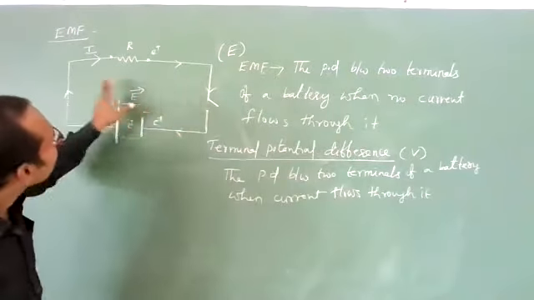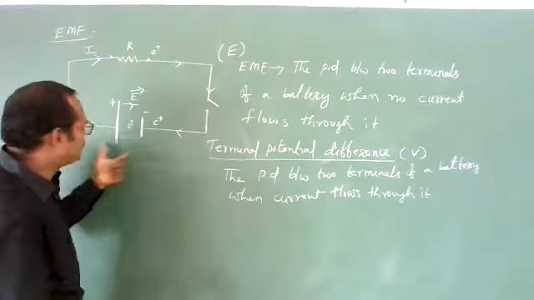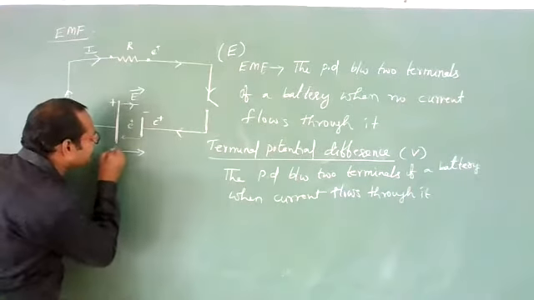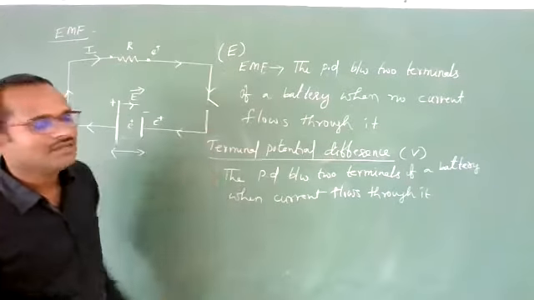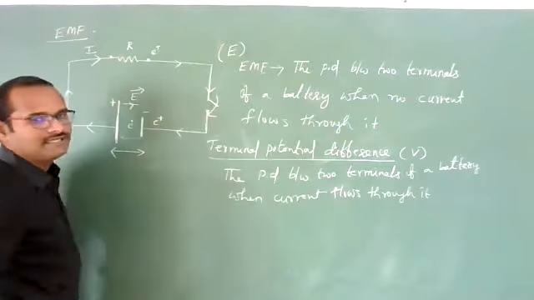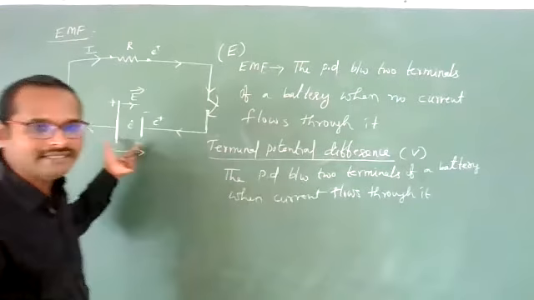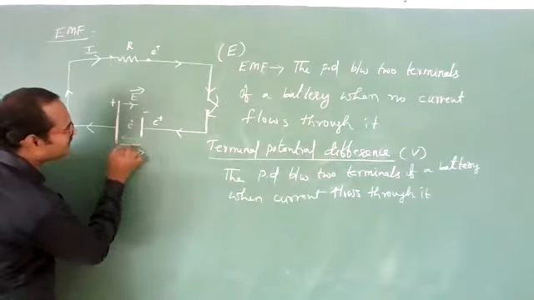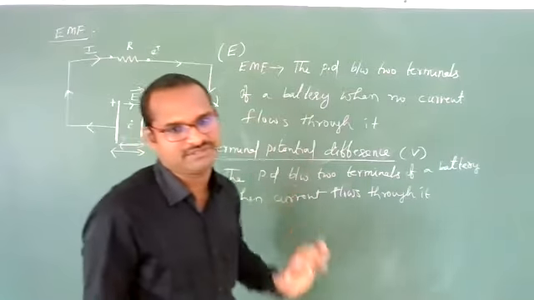Students, when the circuit is open, no current is flowing through this battery. In that situation, whatever the potential difference between these two terminals, we call it EMF. When you close this key, current will flow. Now whatever the potential difference between these two terminals, that is called the terminal potential difference.